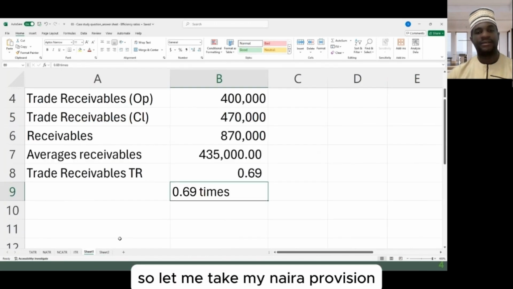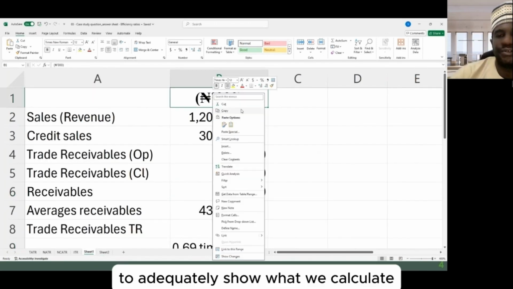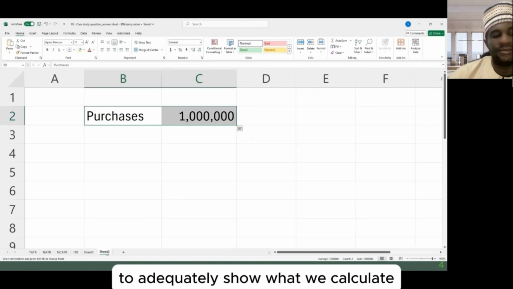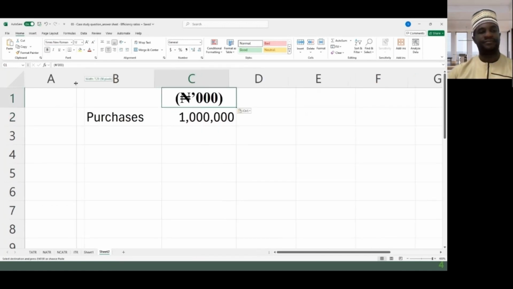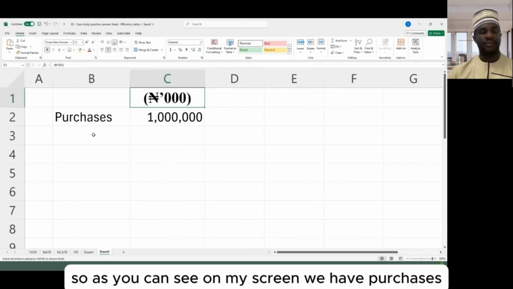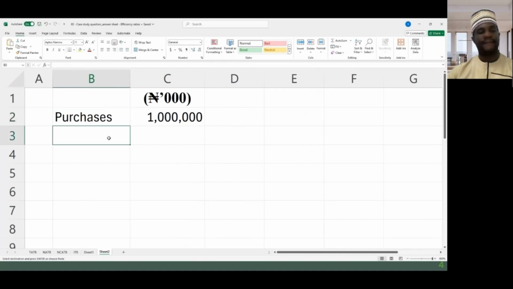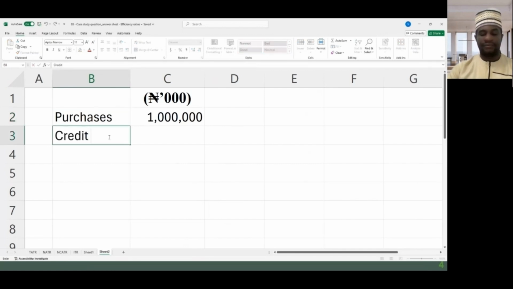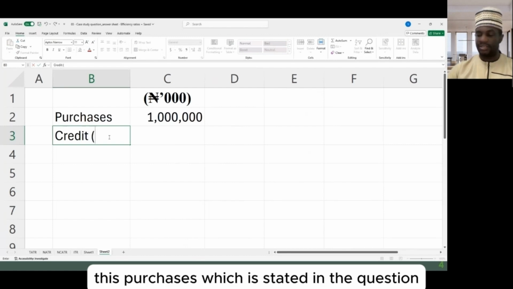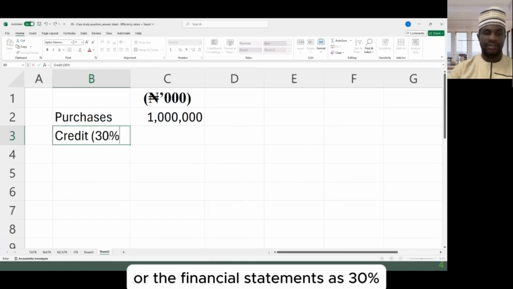So let me take my pen to adequately show what I'm calculating. As you can see on my screen, we have the purchases figure. We want to get the credit portion of these purchases, which is stated by the financial statements as 30%.